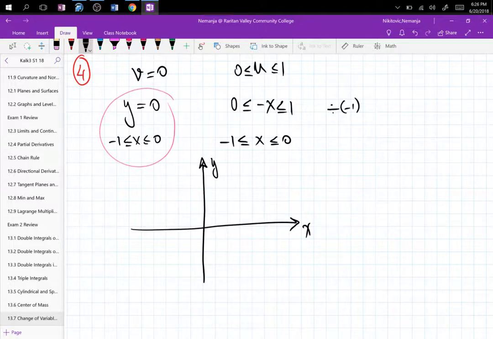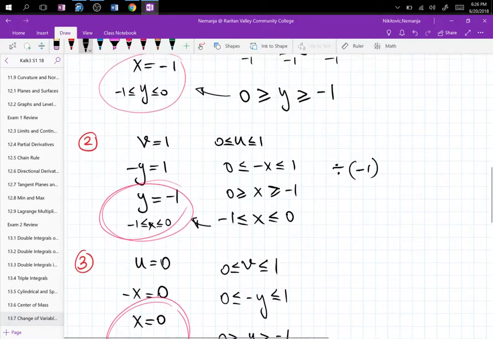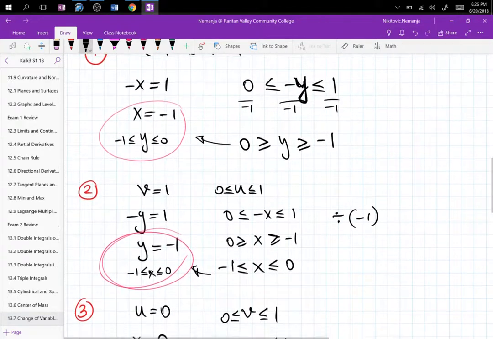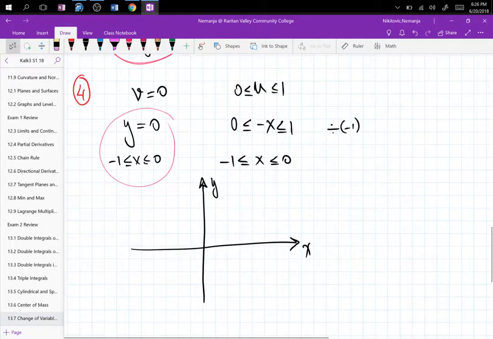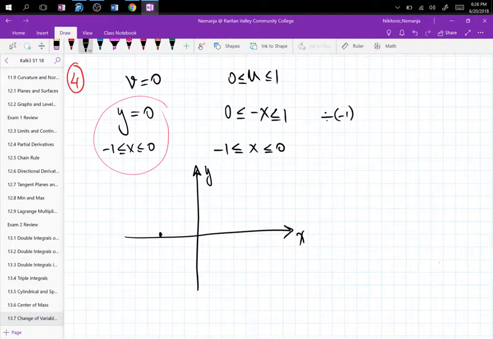Now, let's go and plot the points, draw these segments. So x equals -1 from -1 to 0. There you go.